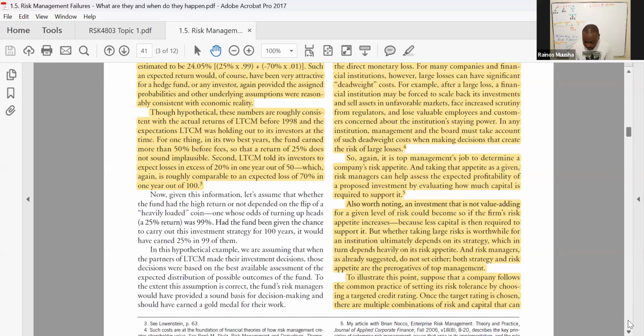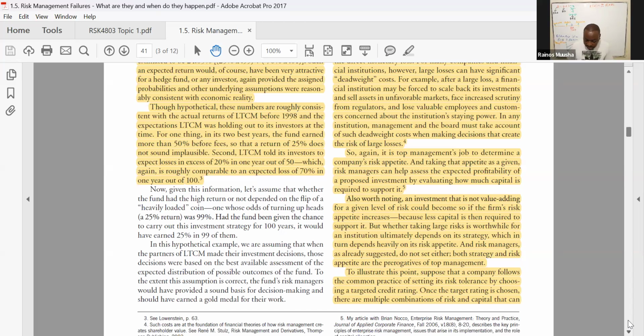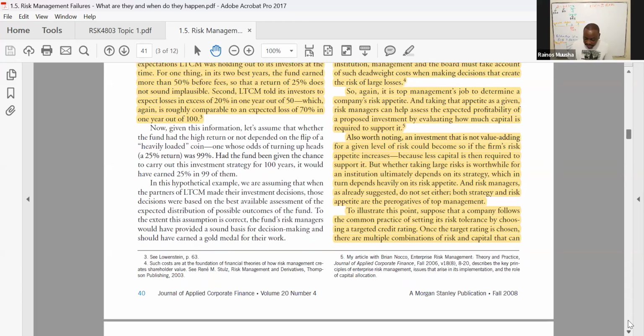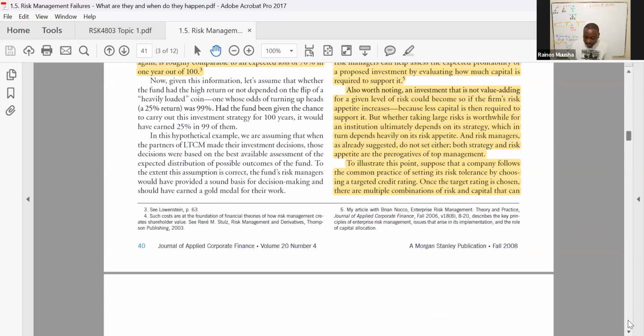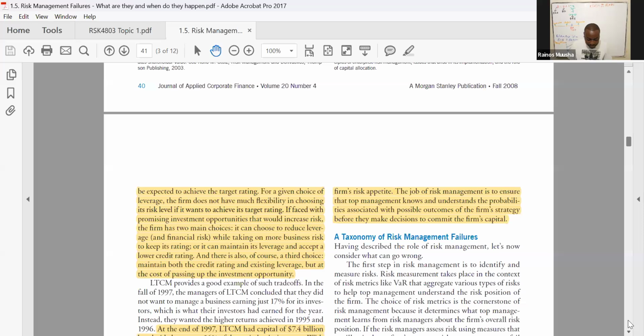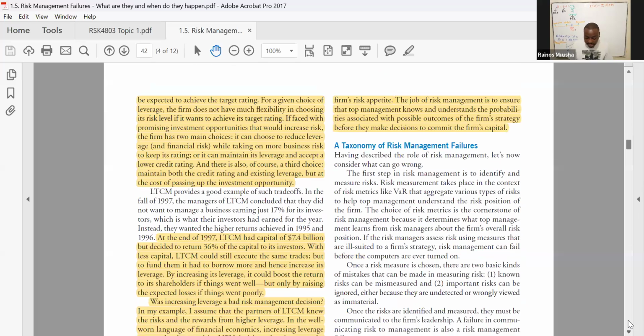So to illustrate this point, suppose that a company follows the common practice of setting its risk tolerance by choosing a target credit rating. Once the target rating is chosen, there are multiple combinations of risk and capital that can be expected to achieve the target rating. For a given choice of leverage, the firm does not have much flexibility in choosing its risk level if it wants to achieve its target rating.